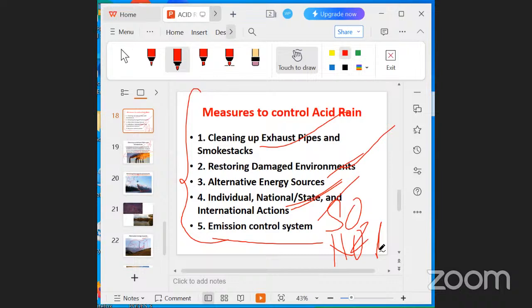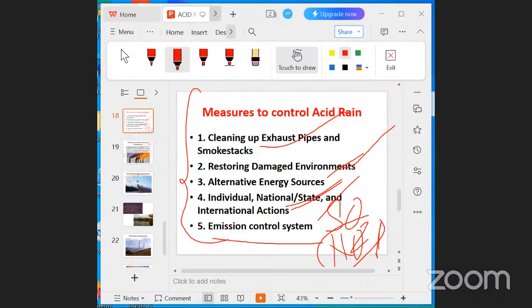Use public transport and energy efficient electrical appliances, and also use hybrid vehicles or electrical vehicles, those with low nitrogen oxide emissions, right?